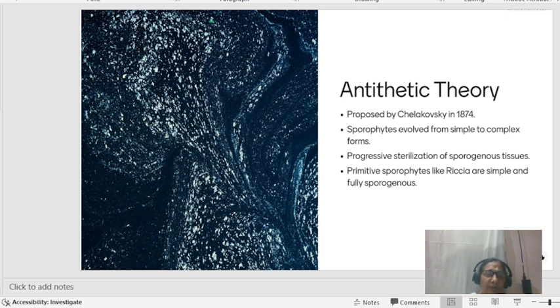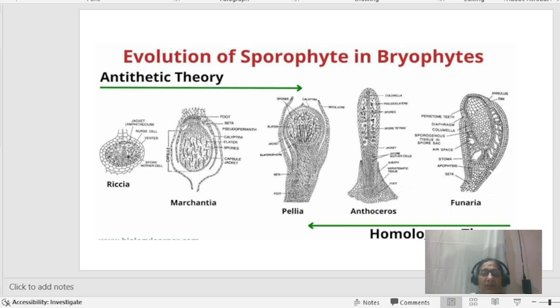When you see this theory, in Riccia there is a single jacket layer with all the spores within it being totally fertile. It does not have the foot and the seta, and it is covered within the gametophyte.